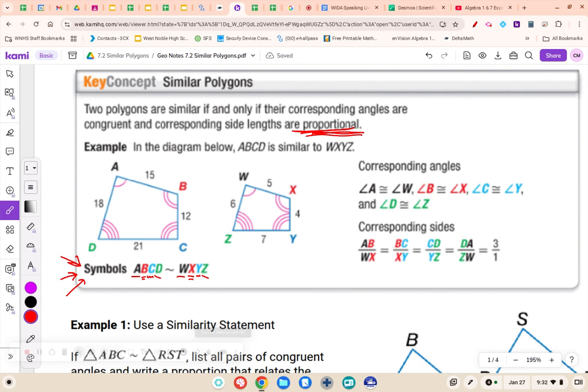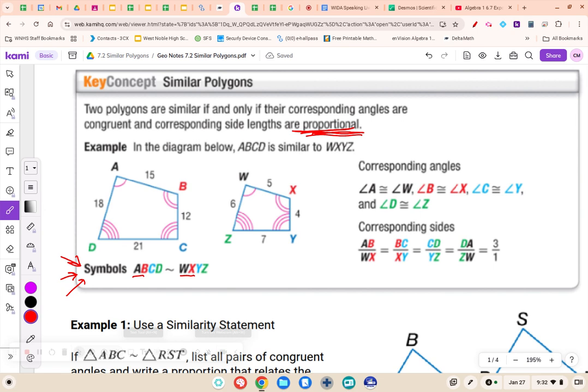That means the sides here are proportional. So, for instance, segment AB is proportional to segment WX. Now, how do we know that? We set up fractions to check.